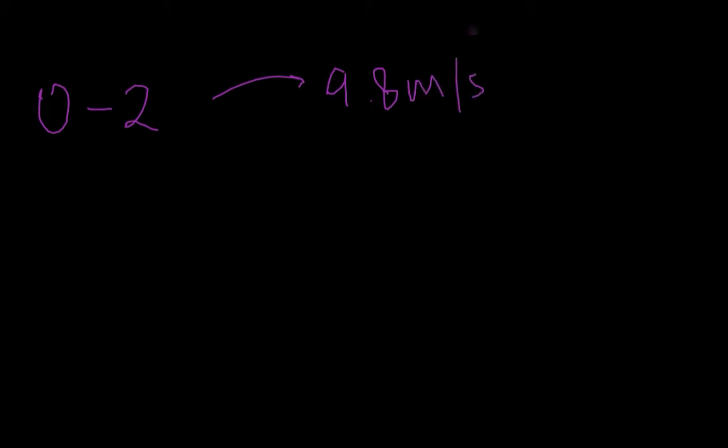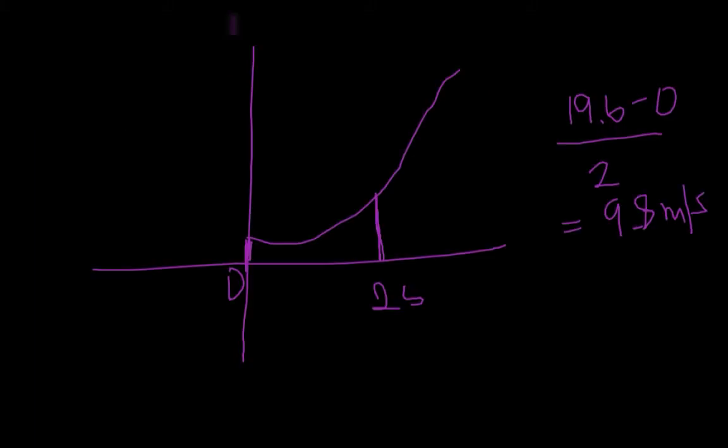In the same way, instead of 0 to 2, we can do 0 to something else, like 1 or 3. Now if we approach from the left side with values very close to 2, I'll draw the chart here: this is my time and this is my velocity.